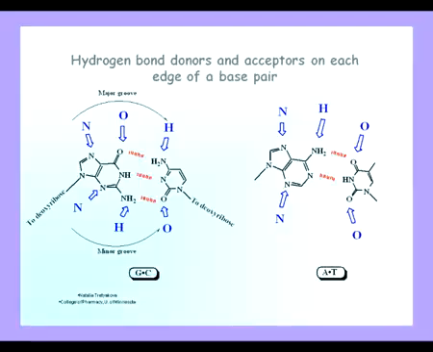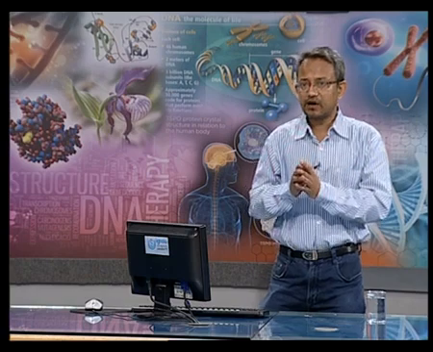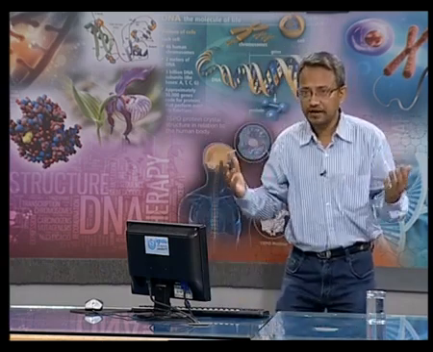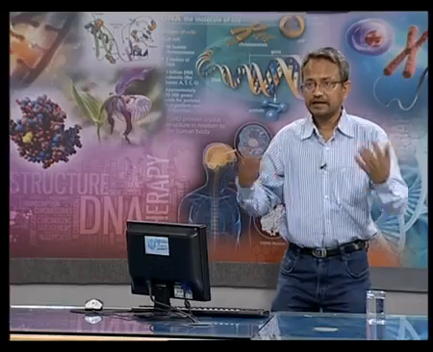Now G basically recognizes C by forming a hydrogen bond. A hydrogen bond is a chemical bond. It is a non-covalent bond, very low cost. All the time, what nature does is use bonds which are very easy to break and easy to create, so that you don't need to spend a huge amount of energy either to create something or destroy something.